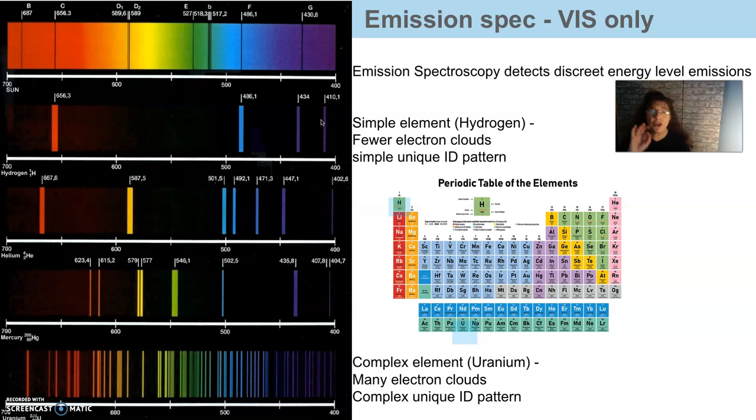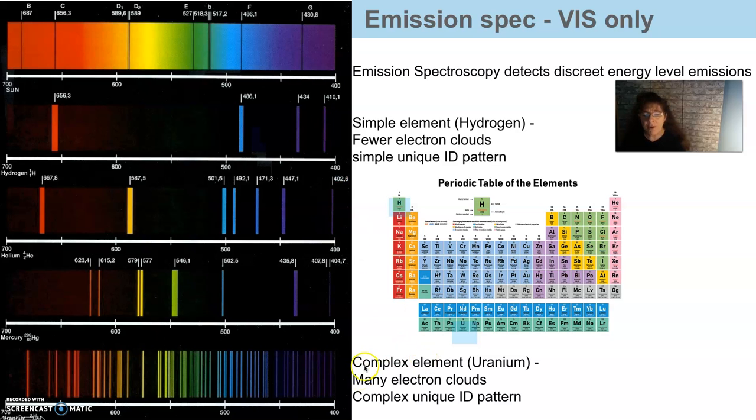And you're used to seeing the ultraviolet and the purple over on the left. I realize this is different, but it's a good slide that I think you can get used to the reversal. So when you have a simple element like hydrogen, you have very few electron shells, so you have very few emissions in order to establish a pattern.